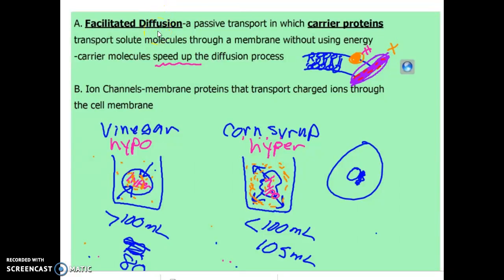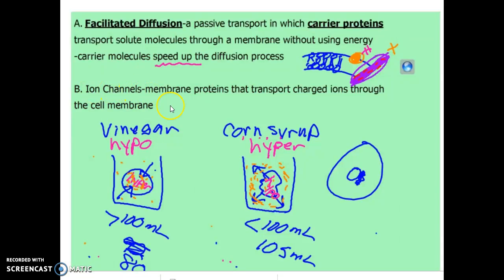Facilitated diffusion is the same, except that there are some proteins, carrier molecules, that speed up that diffusion process a little bit. So it's still going from an area where things are more concentrated to where it's less concentrated. Facilitated diffusion is a passive transport with carrier proteins that speed that process up.